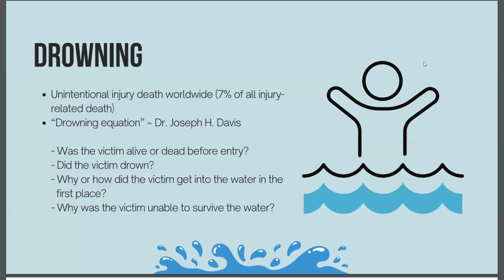So drowning. In the world, drowning is considered to be 7% of all injury-related death. In the United States, nearly 4,000 deaths are recorded, and it is considered the 10th most common injury-based death.